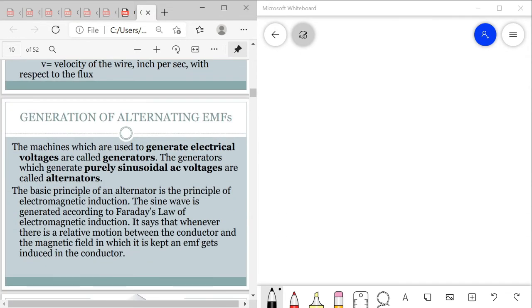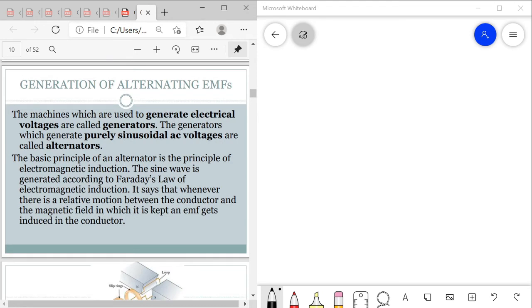So, generation of alternating EMFs. The machines which are used to generate electrical voltages are called generators. The generators which generate purely sinusoidal AC voltages are called alternators. Alternators, from the word alternating and generators, so alternating generators or alternators.